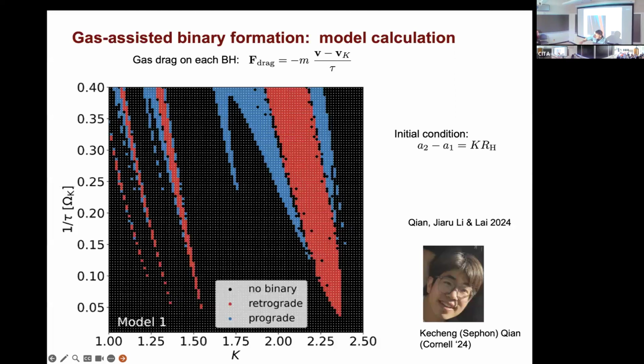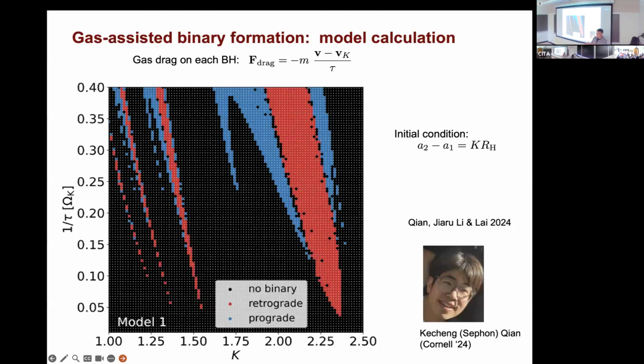If you're losing angular momentum, you will go to a smaller orbit. So for an orbit with sufficiently small K, it's going to go into the horseshoe orbit. It's basically not going to be captured either.